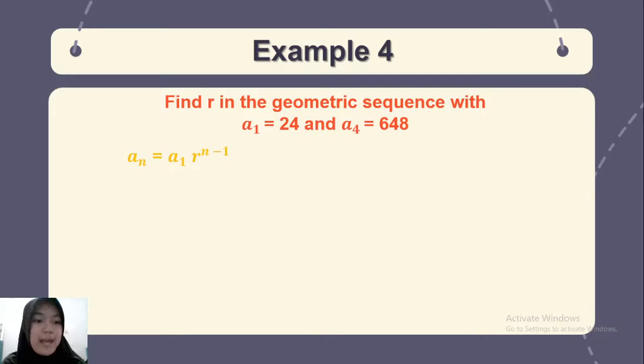So, a sub n is a sub 1 times r to the power of n minus 1. We use a sub 4 as a sub n.